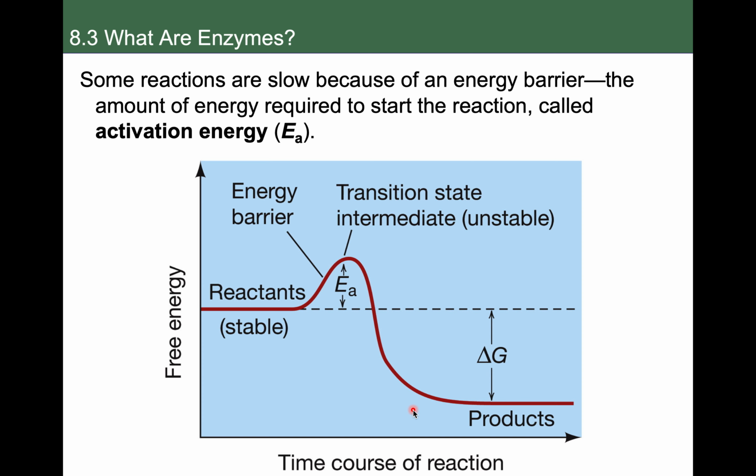Energy would be released by this particular reaction. Even for a reaction like that, we have this input of energy that's required to get the reaction started, and that is the activation energy. And so the way enzymes work is by reducing that activation energy requirement. So it's going to allow these reactions to happen more quickly.